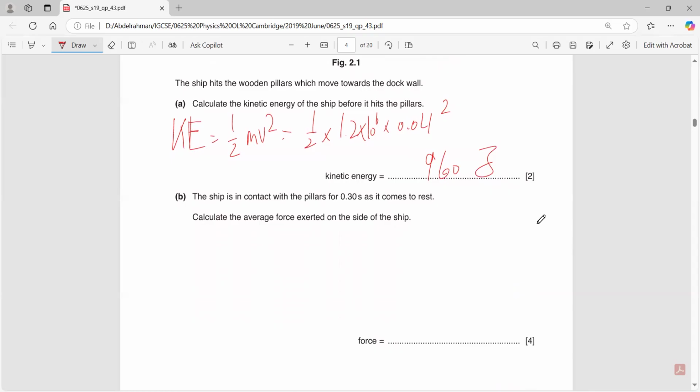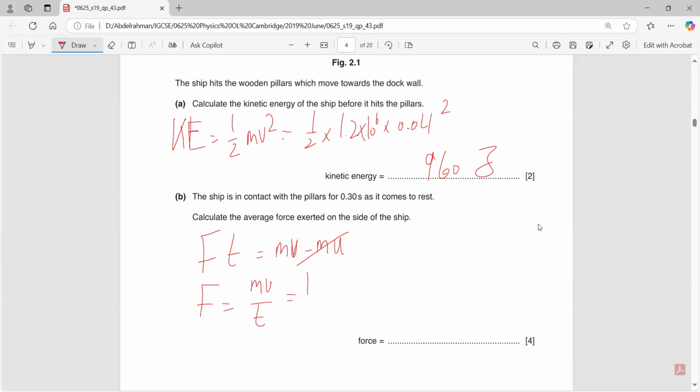Either force equals mass times acceleration, where you find the deceleration, v minus u over t, or you can use the impulse equation, force times time equals mv minus mu, which is again the same equation. Since final velocity is zero, force would be equal to mv over t.